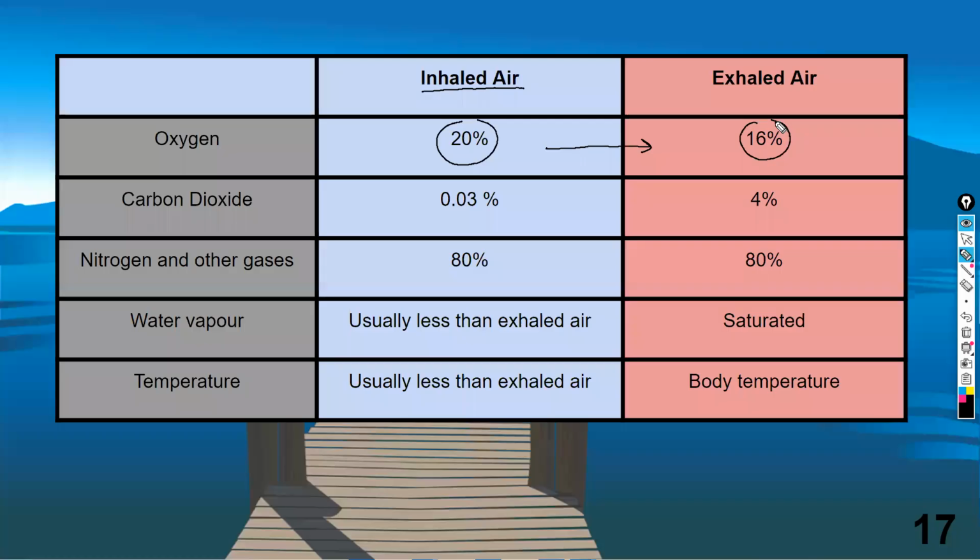If you breathe in 20 and only 16% comes back out, how much oxygen did the body steal from the air? Simple calculation, not a trick question, right? It's just 4%. So in other words, whenever you breathe in, your body only steals 4% of that oxygen.